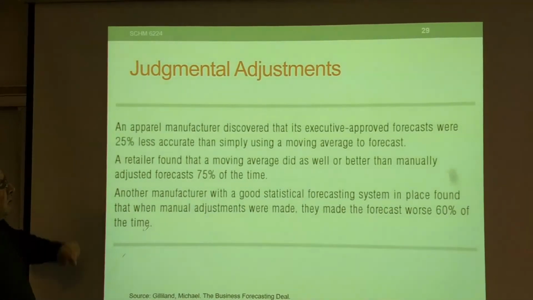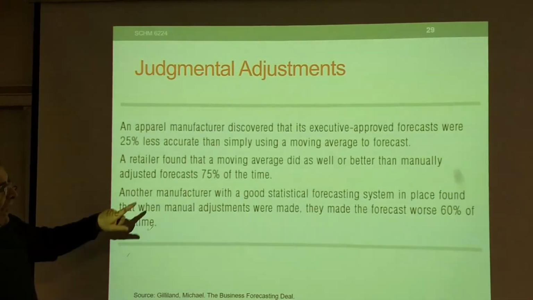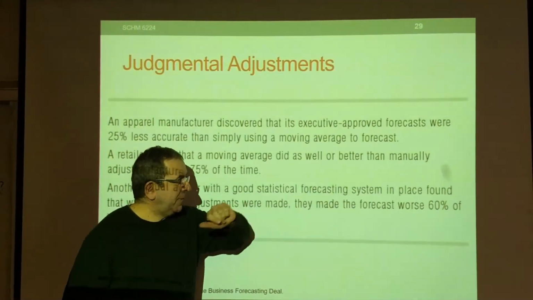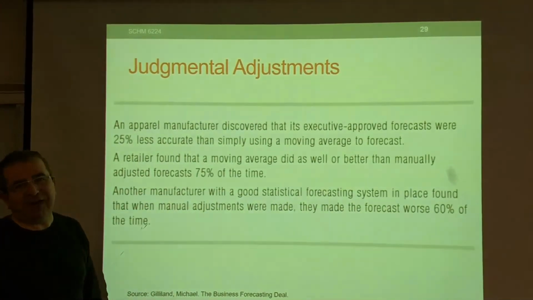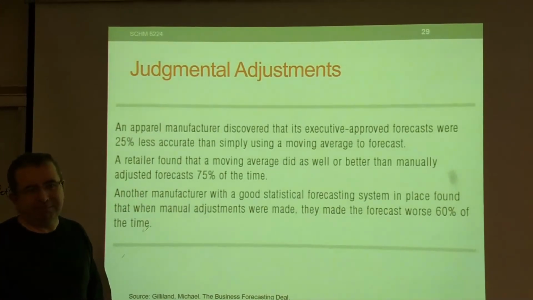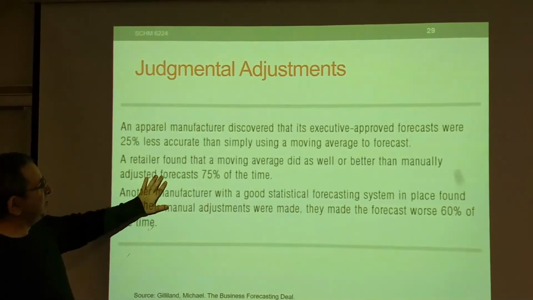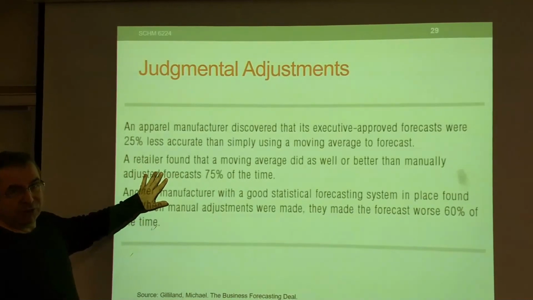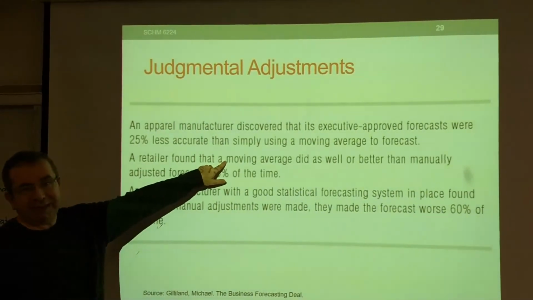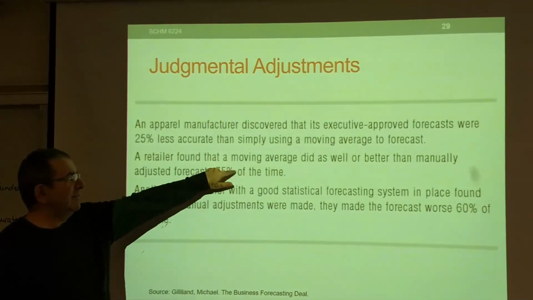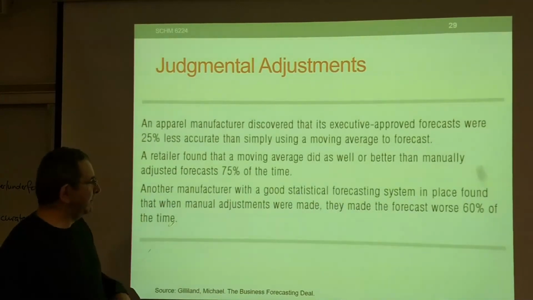And then here's another observation. They say a retailer found that the moving average did as well or better than manually adjusted forecasts 75% of the time. And you may think, oh my God. So what they're saying is, whenever you touch your forecast, 75% of the time you're better off leaving it alone, because a moving average will do just as well, if not better.